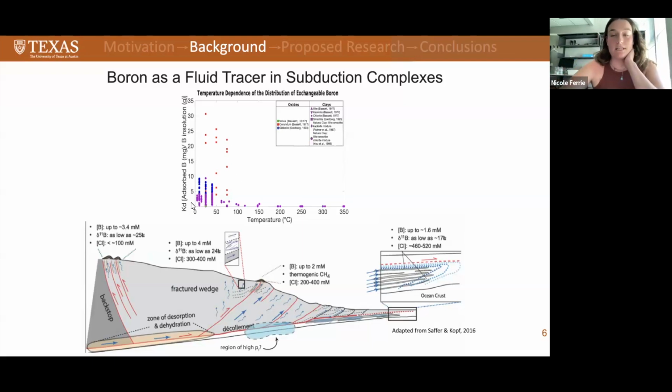At lower temperatures, KD is higher, meaning more boron is adsorbed to clays, and then at higher temperatures, KD decreases, which means that boron is desorbing. Now, this distribution coefficient, again, is what helps us link boron to a temperature, and then that temperature we can link to a depth of fluid release.